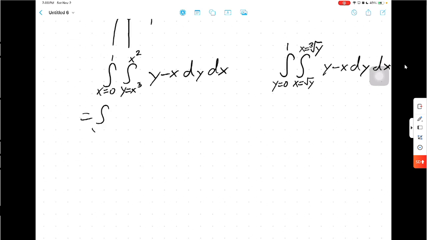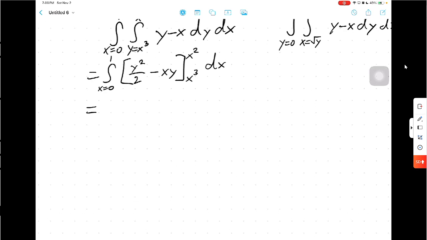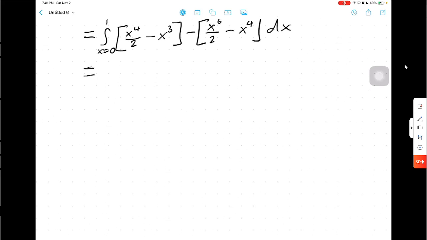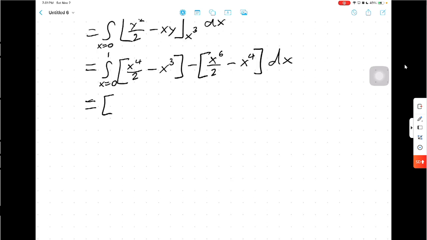So this one here is equal to the integral from x equals 0 to 1 of y squared over 2 minus xy from x cubed to x squared, to the integral from 0 to 1 of x to the 4th over 2 minus x times x squared, x cubed, minus x to the 6th over 2 minus x to the 4th, which is equal to, and then I'm just going to do this whole integral.